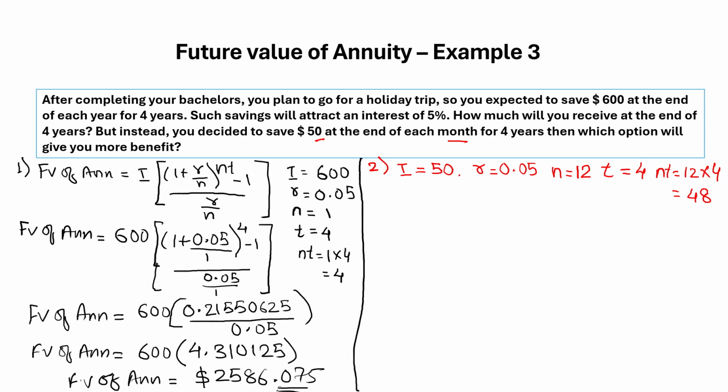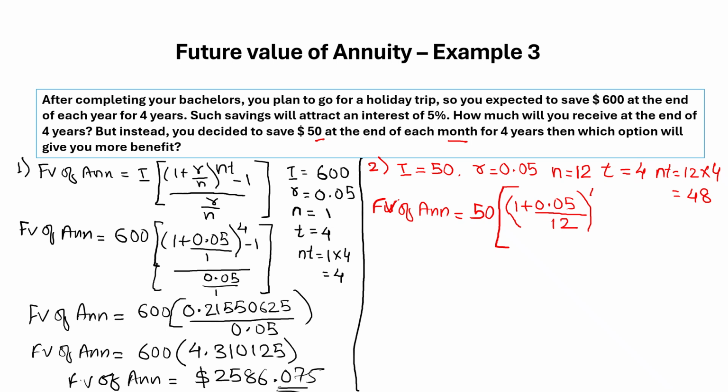Now we will just substitute in the formula. The future value of annuity is equal to I is 50, bracket, we'll write 1 plus my R is 0.05 divided by N. N is 12, it is monthly, bracket close, power of NT.